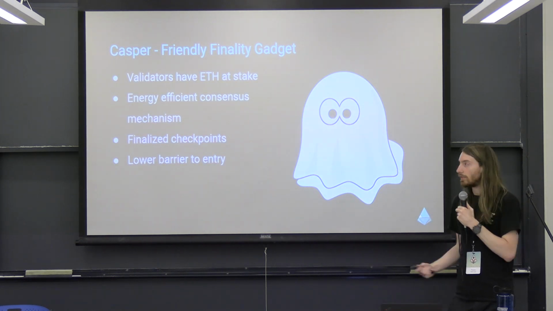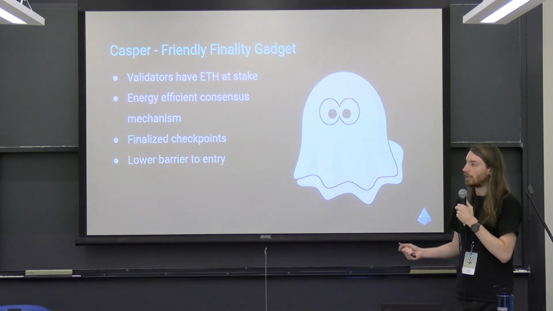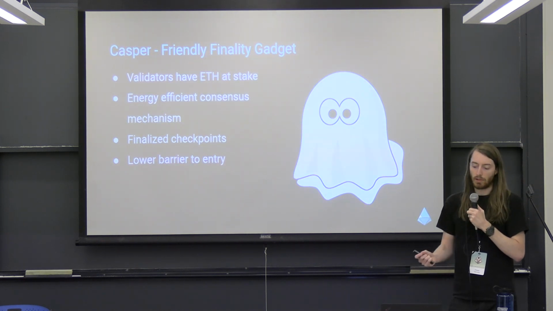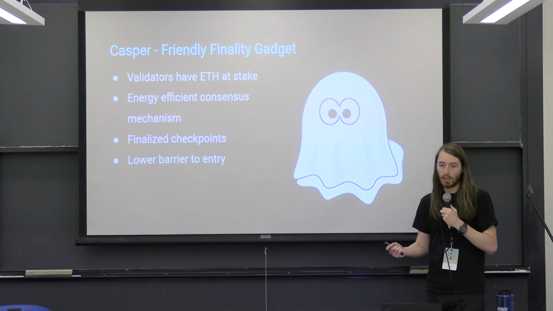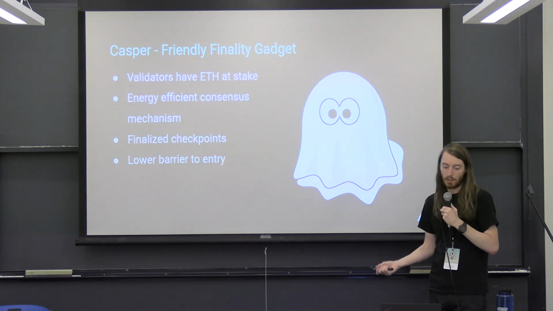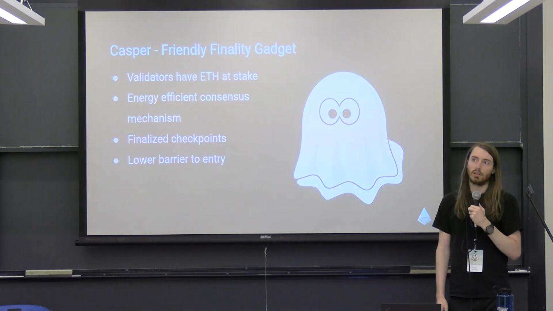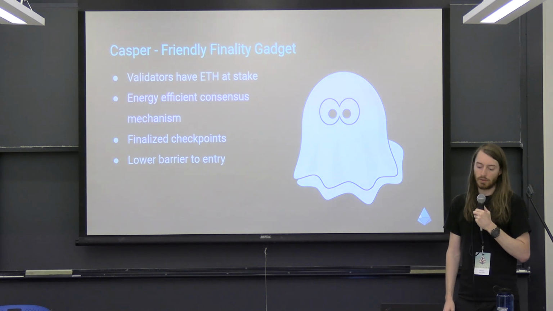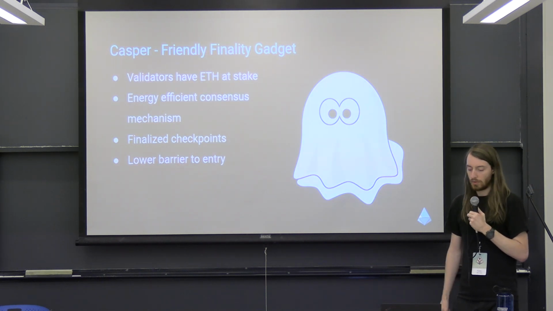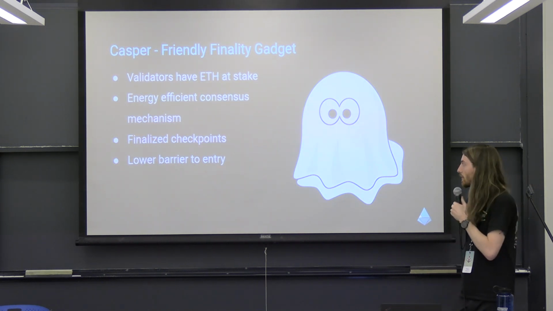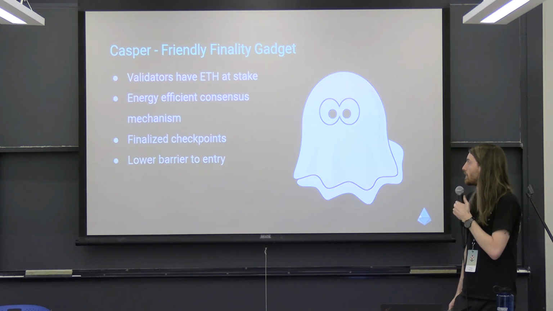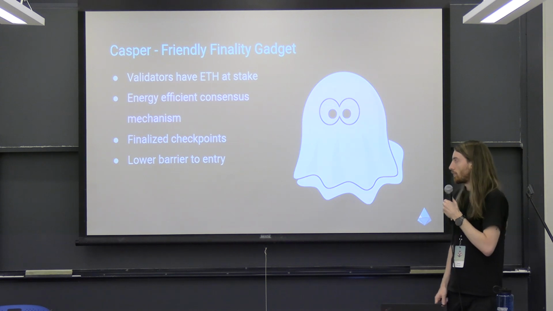So I'm disincentivized to attack the network because it literally costs money, where proof of work to attack would cost compute, and that's really hard to get. Here you have to have more than a third of the network's value to burn to attack it. So it's very, very expensive to attack, and works really well for finalized checkpoints.